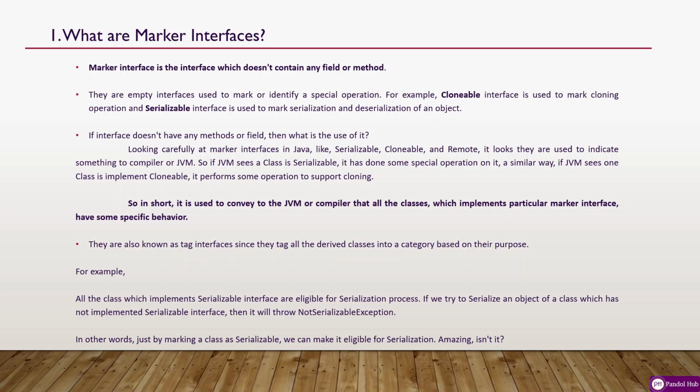Amazing, isn't it? So we are making the JVM understand that our class is tagged for serialization by implementing the Serializable interface. So this way the JVM will understand that our class specifically needs the property of serializability added to it.